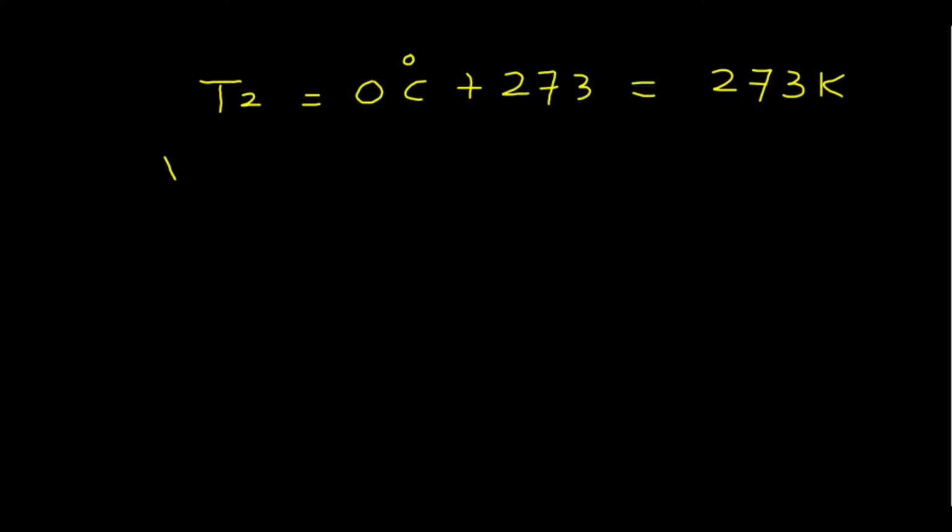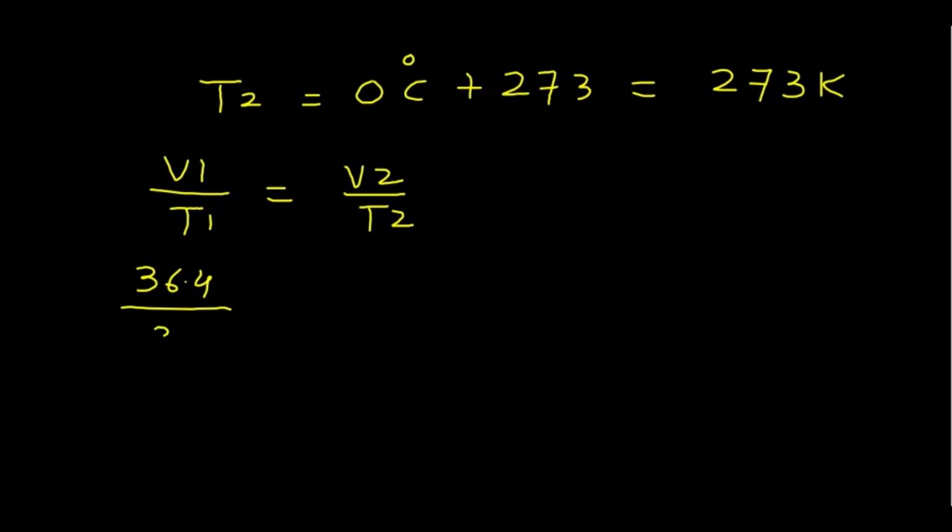According to Charle's law, the formula which is used here is V1 upon T1 is equal to V2 upon T2. Now we will substitute the values, that is 36.4 divided by 300 is equal to the value of V2, 33.124, divided by the value of T2, which is 273.